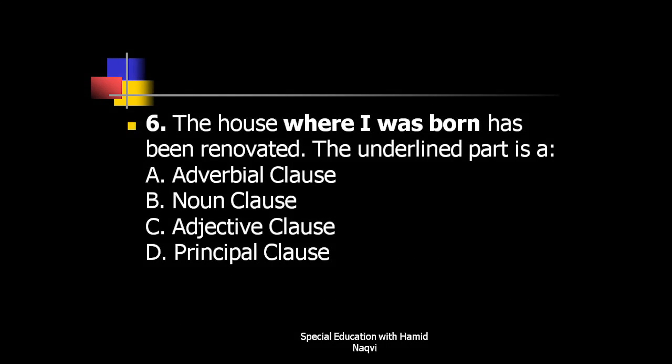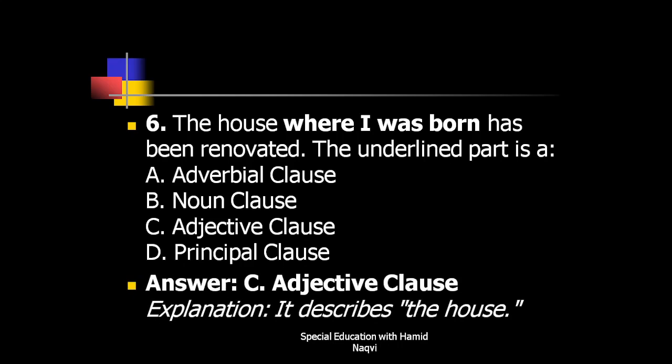"The house where I was born has been renovated." Where I was born. What type of clause is it? Adverbial, noun, adjective or principal? It is an adjective clause. And the reason is it describes the house.